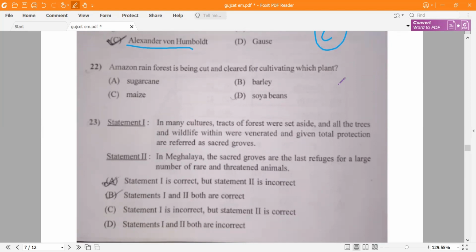We call the Amazon the lungs of the planet. They have been destroyed fast for large scale cultivation, mainly rubber plantation and soybean plantation. Palm plantation has also been taking place.